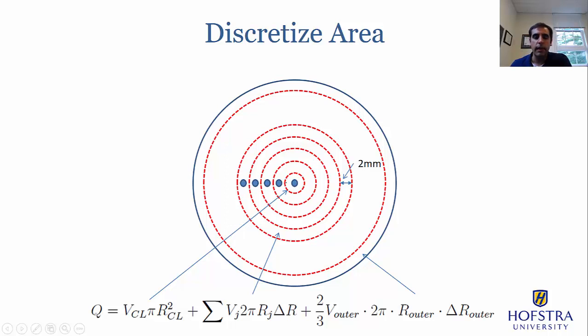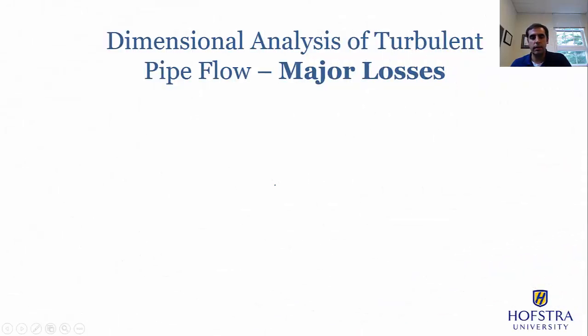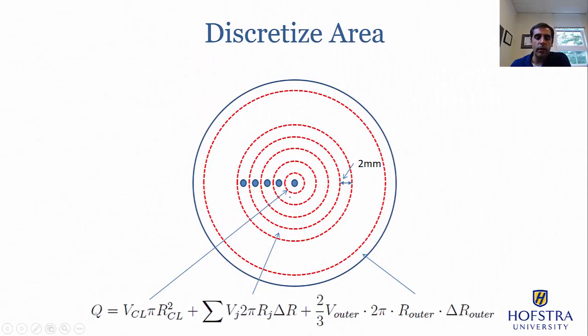Okay, so that gives me the flow rate in this little circular region here, or an estimate of that flow rate. Now, when I move the probe over 2 millimeters, now I can assume that we have an axisymmetric case, meaning the velocity is constant anywhere along this annular space. And so now we're going to say that the flow rate is going to be the velocity times the area, but the area is now an annulus.